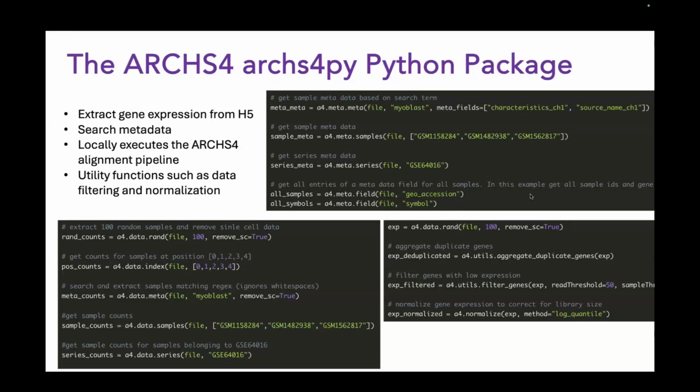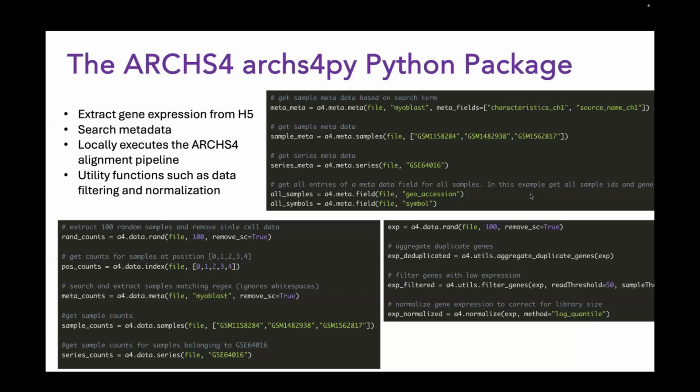The Python package can also execute the ARCHS4 pipeline locally. I think this is very nice for users who have their own data but want to put it into the same space as all the ARCHS4 data. Then you can just use this tool to do that. I can go over that in a little bit. It's very easy to use. And then there are some utility functions.